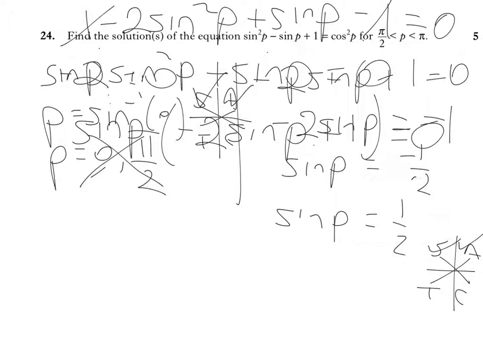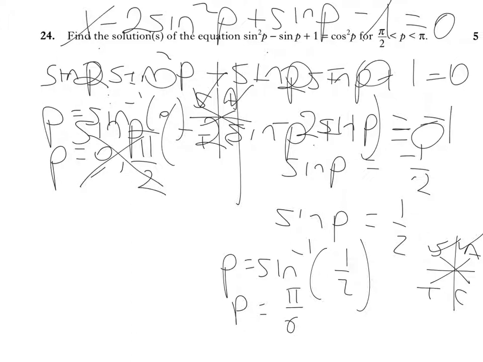I'm in the all quadrant and the sin quadrant. p equals sin inverse 1/2, and that's 30 degrees, but in radians that's pi over 6. And in the sin quadrant that will be pi minus pi over 6, which gives me 5 pi over 6. Pi over 6 isn't within range either, so my final answer to the question is 5 pi over 6, and that's the only solution.